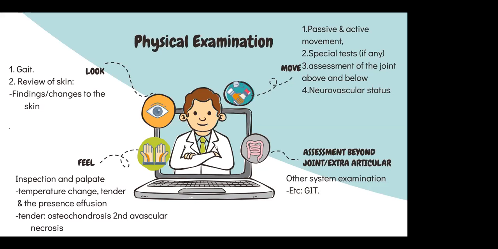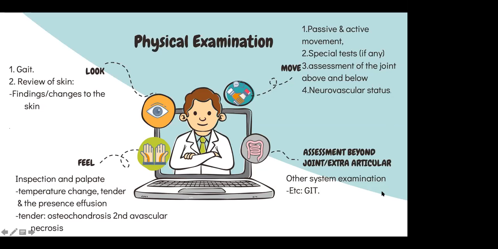You can just observe the child when the child comes from the waiting room into the room for the physical checkup, or observe during play. If there is limping, or you observe abnormalities such as knock knee or bow leg, that can indicate rickets.